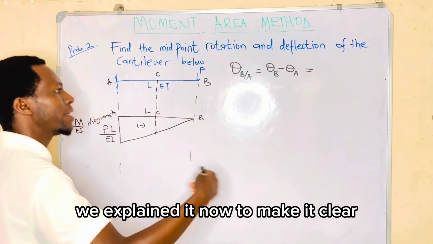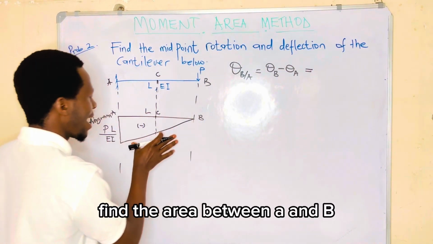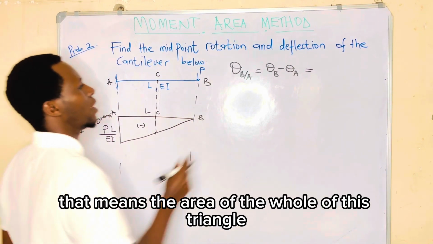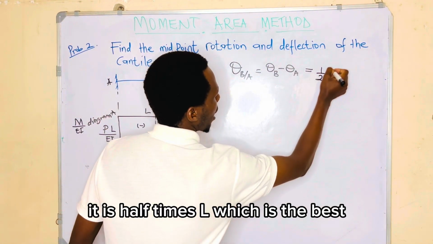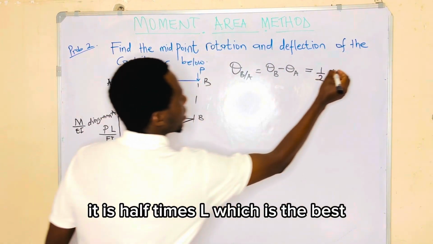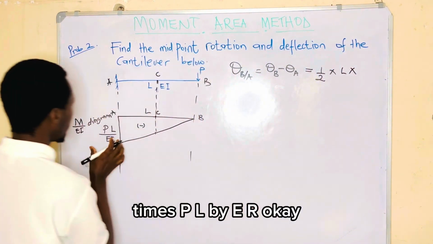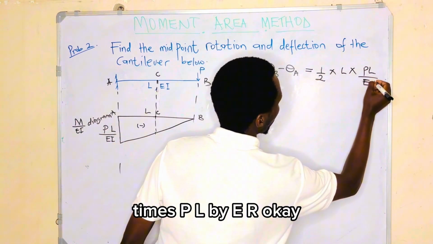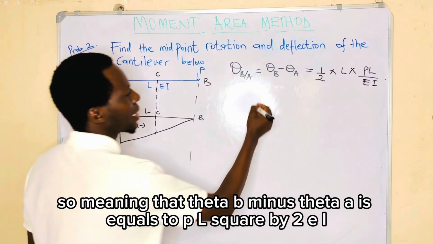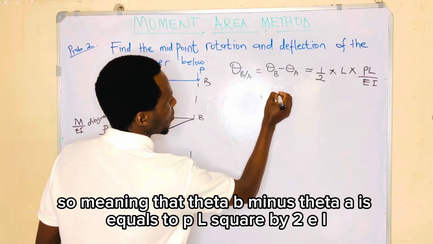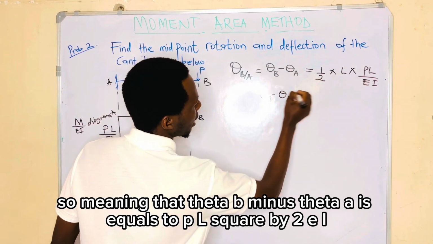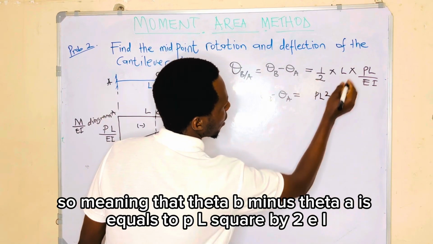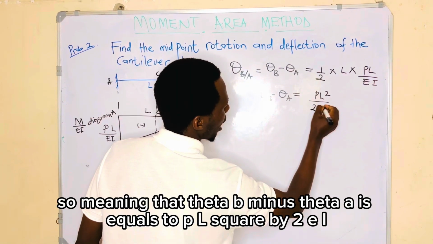To make it clear, find the area between A and B, that means the area of the whole triangle. It is half times L, which is the base, times PL by EI. So theta B minus theta A is equal to PL squared by 2EI.